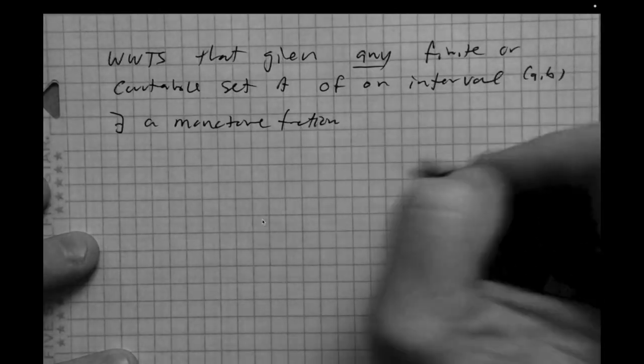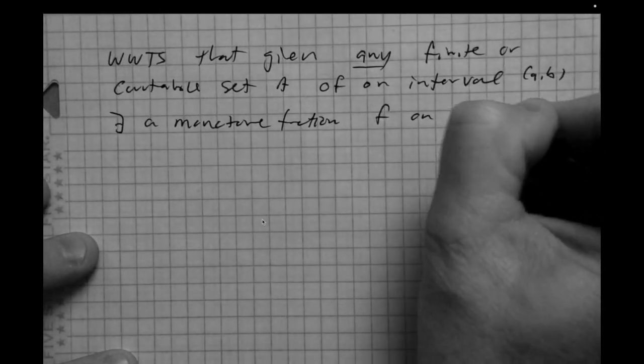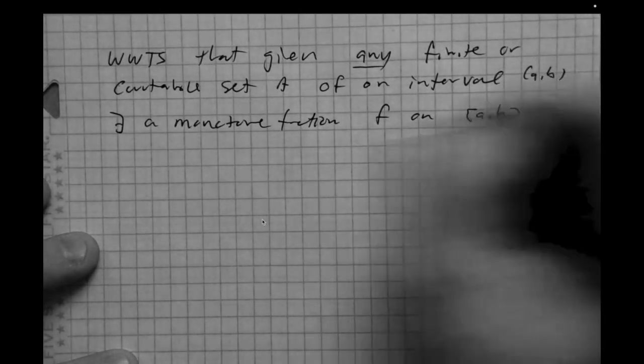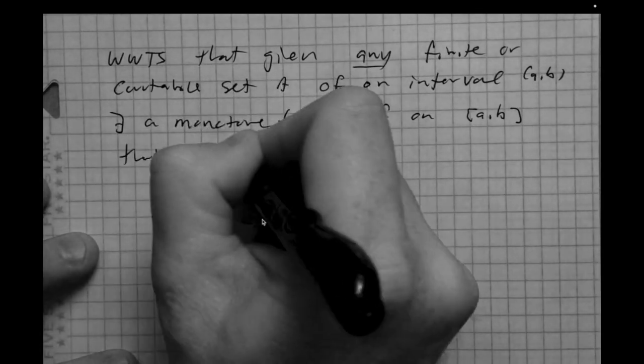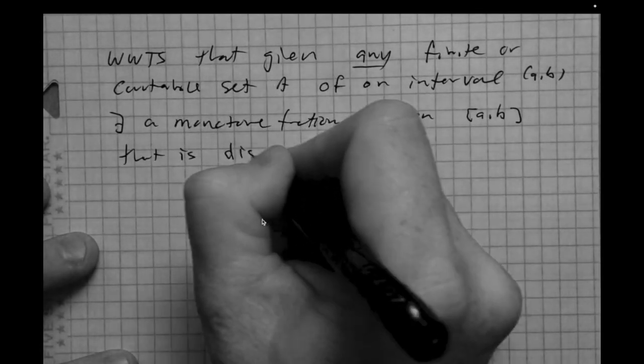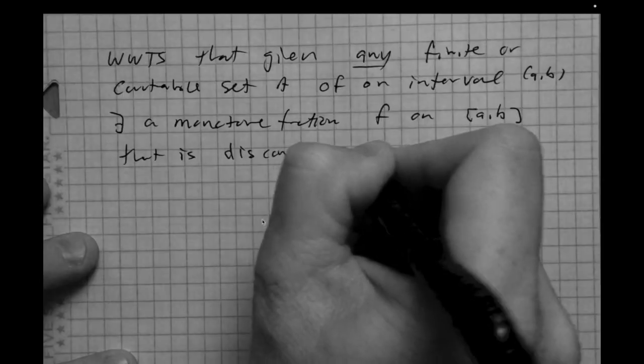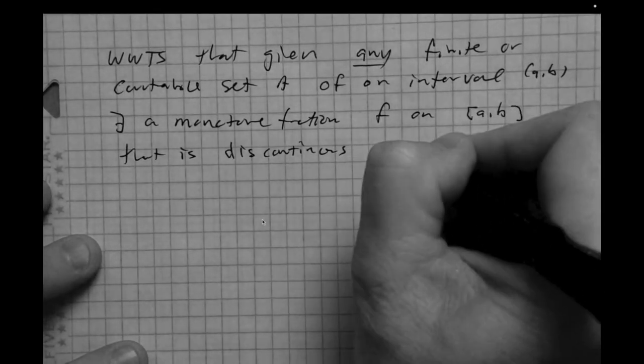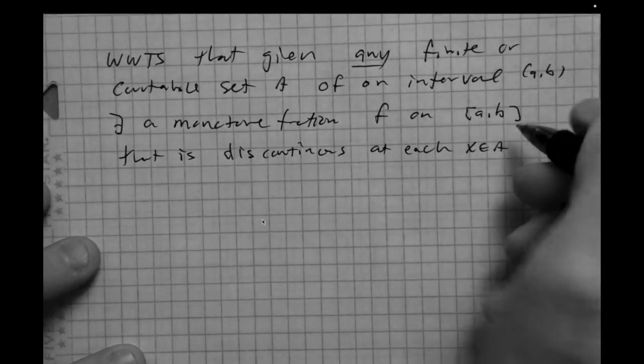There exists a monotone function f on AB that is discontinuous at each x in A and continuous everywhere else.